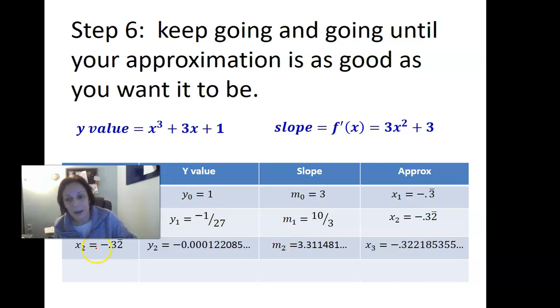Then I need to add my x value, so I hit plus my a value, and it spits this right out on my screen. I hit store as a, because that is my new a value. So every time I get a new x value, I store it as a. I use it to find a new y value and a new slope. I store those as b and c. I do my approximation.